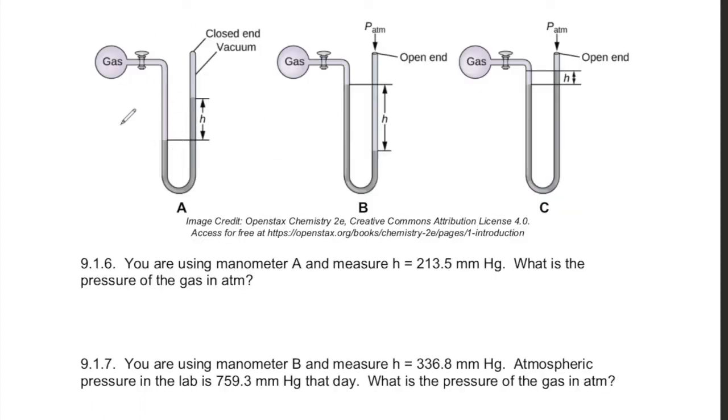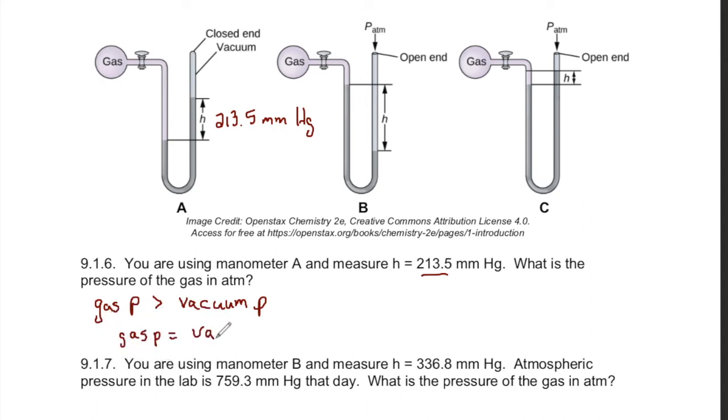All right, so manometer A is the closed end. So we have the gas pressure, and that is larger than the vacuum pressure. And it's larger by a height of 213.5 millimeters of mercury. So the gas pressure is equal to the vacuum pressure plus an additional 213.5 millimeters. The vacuum pressure, since there's supposed to be no gas in there at all, should be 0.